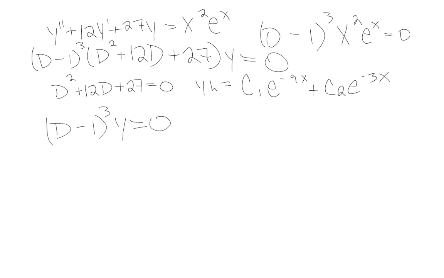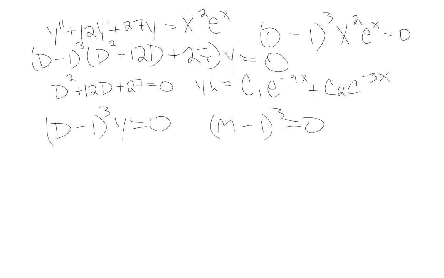So this would have the same solution as any homogeneous differential equation where the characteristic equation factors to (m minus 1) cubed, and that'd be equal to 0 because it's homogeneous.